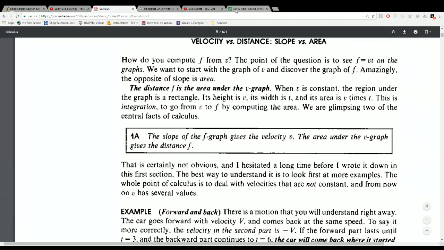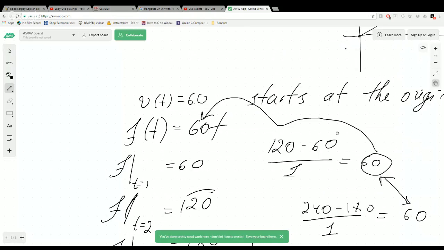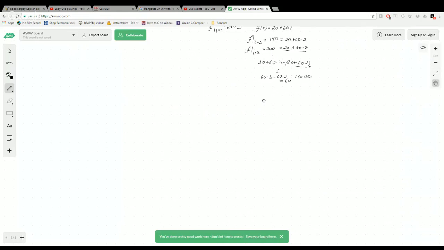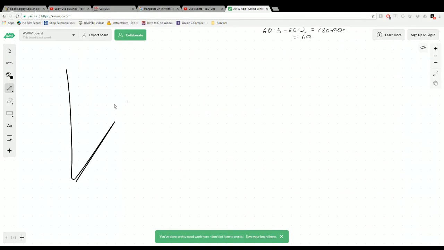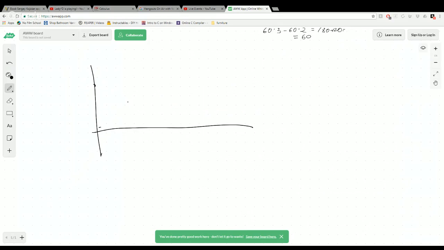So right there. Let's go below. Let's do some examples. So if I give you a car that's again traveling at a constant velocity, like so. Let's say v of t is 30 kilometers per hour.